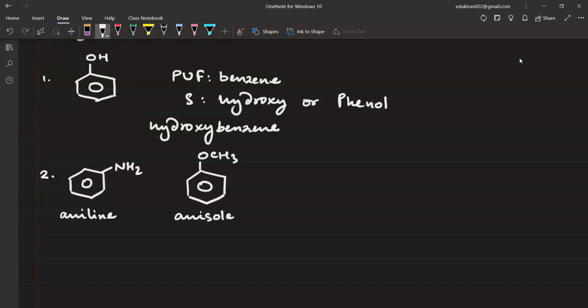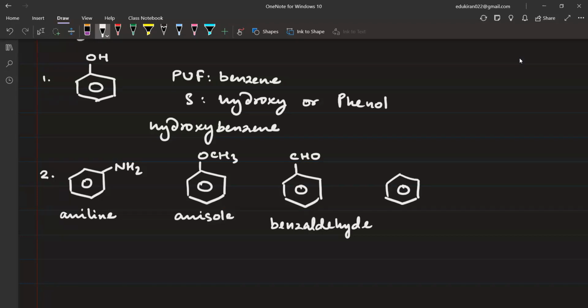Is it anisole? Yeah. Then you can have benzene attached to CHO. This is easy. This is benzaldehyde. Then we have COOH. This is benzoic acid.